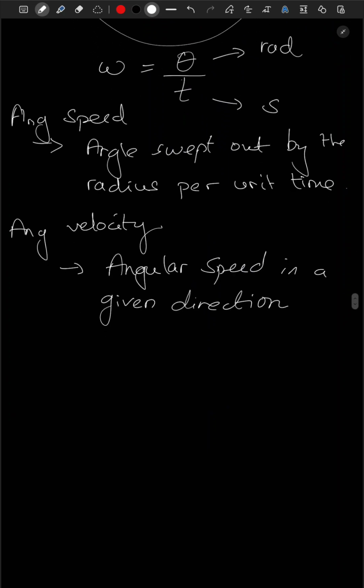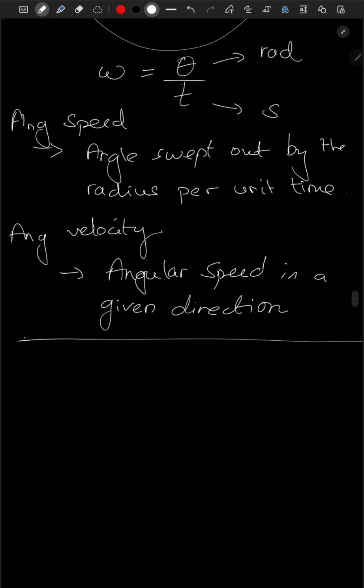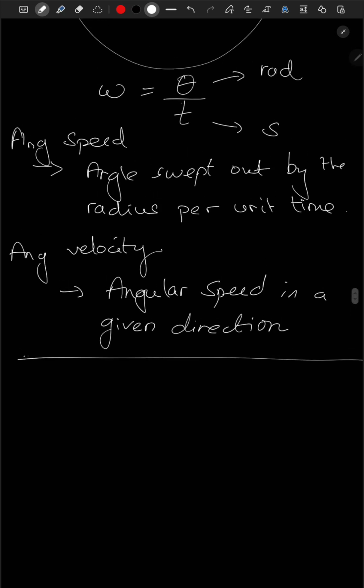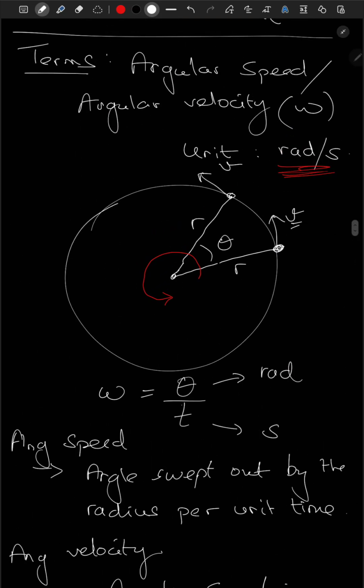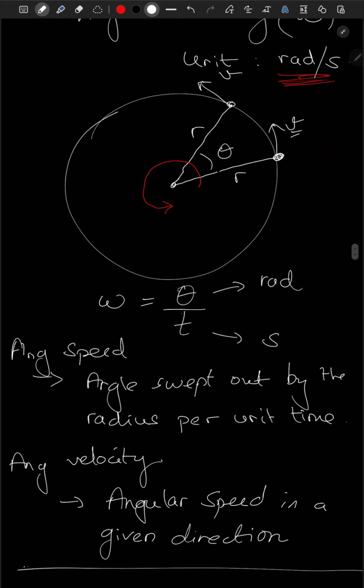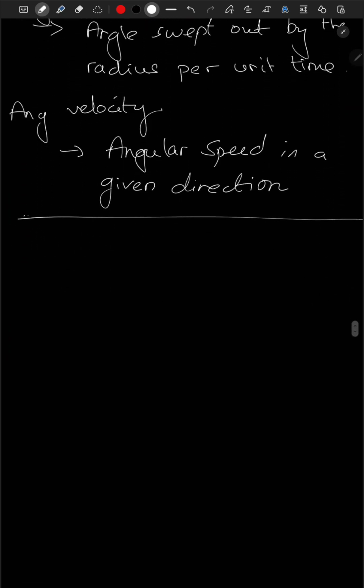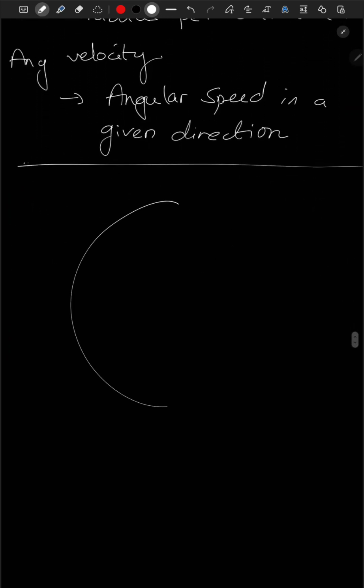So now we have to introduce how omega, the angular speed, is related to the velocity of the particle, which is v, and how it is related also to the radius of the particle. So let's assume that a particle again is traveling through a circle.